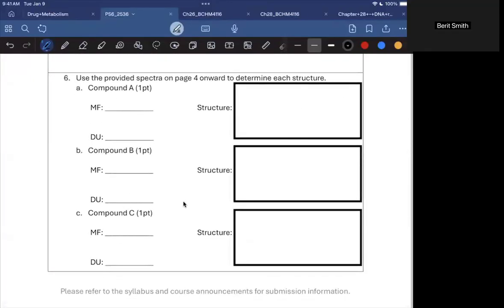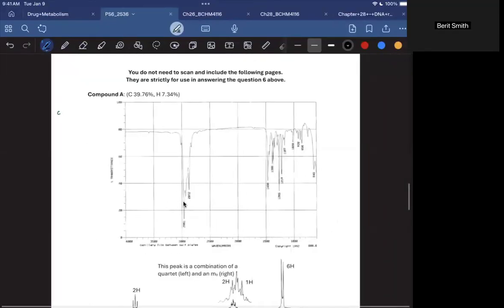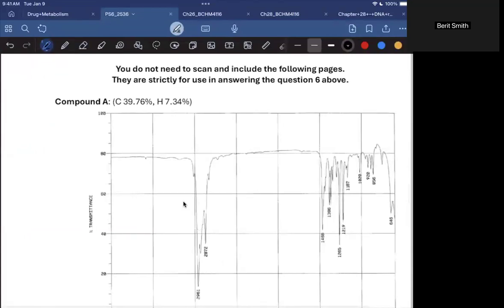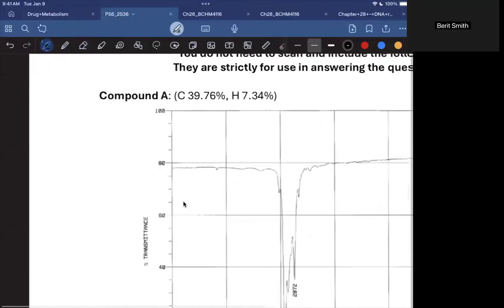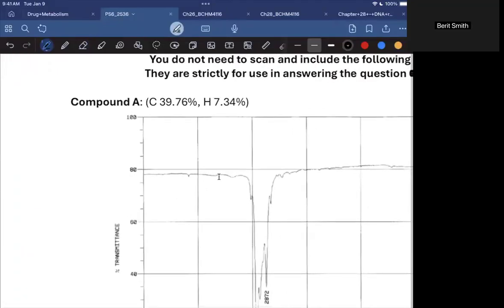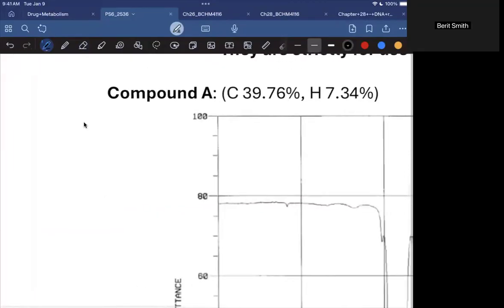All right. So compound A, let's look at the spectrum here. So we can see right away that this isn't fully carbon and hydrogen. There's going to be another atom in there somewhere. So we're just going to do 39.76 of carbon. We divide that by the molecular mass, which gives us 3.31.